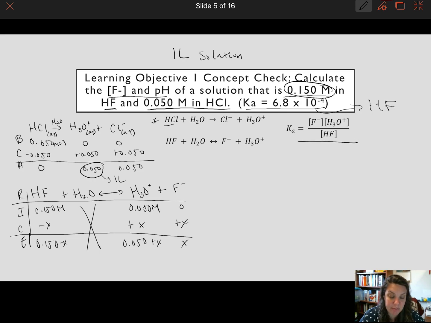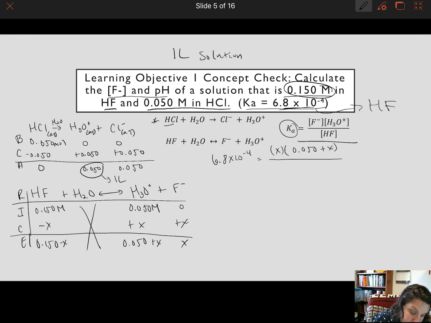So I'll put our hydronium, F minus, and HF concentrations in here, and put in our Ka value as well, giving us 6.8 times 10 to the negative 4 is equal to X times 0.050 plus X divided by 0.150 minus X. We have a Ka that's too large, so we can't do the small approximation, so we need to do some math.